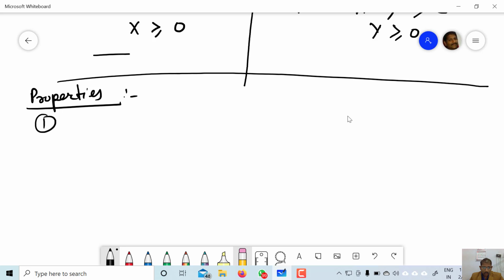Number two, the two relations are such that the optimal solution of one problem can be used to obtain the optimal solution of the other, just like I have explained above. And the third point is important: sometimes solving the dual problem is more convenient than solving the actual primal problem.